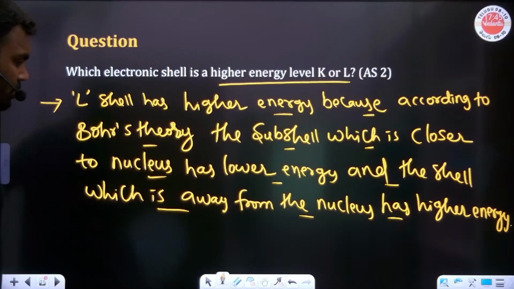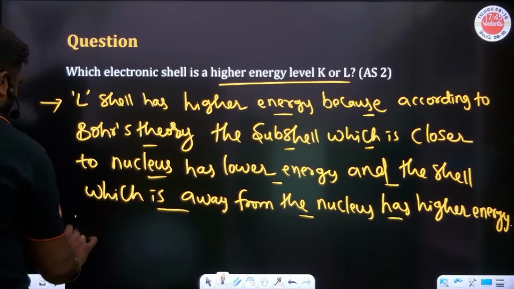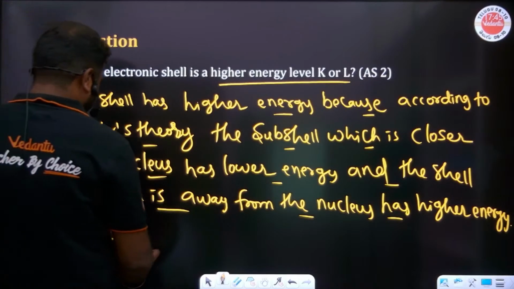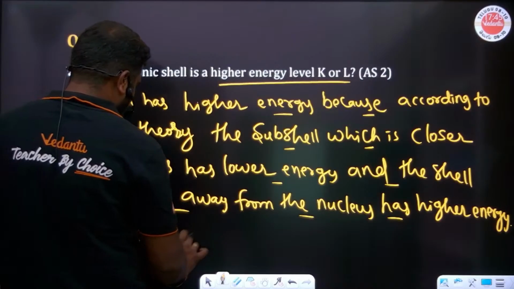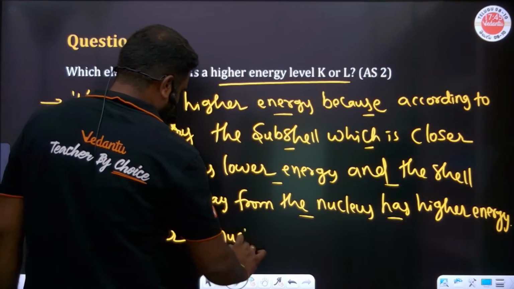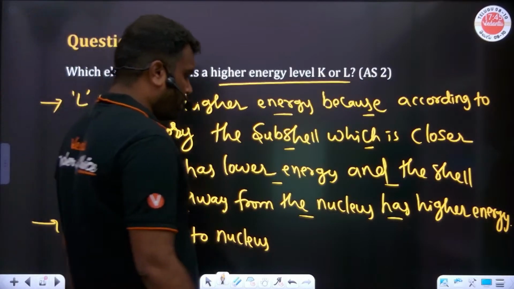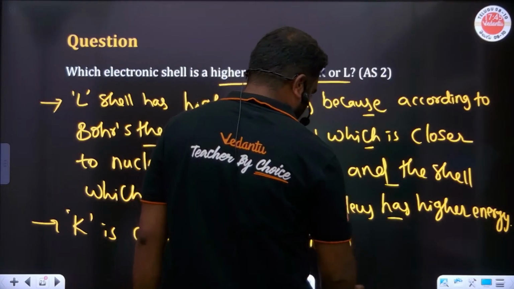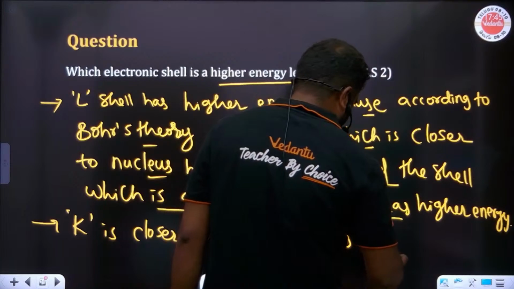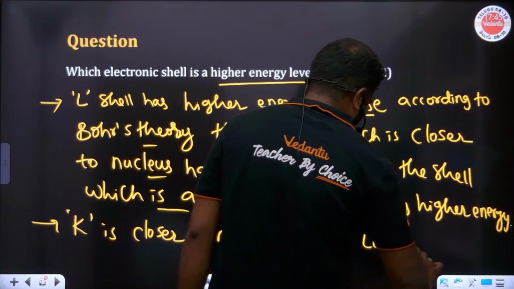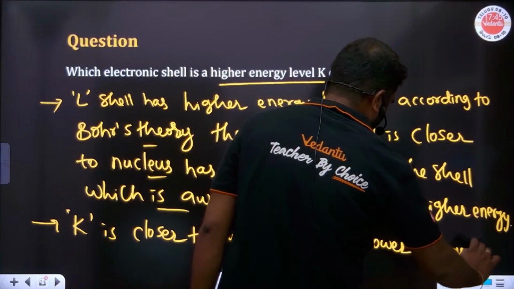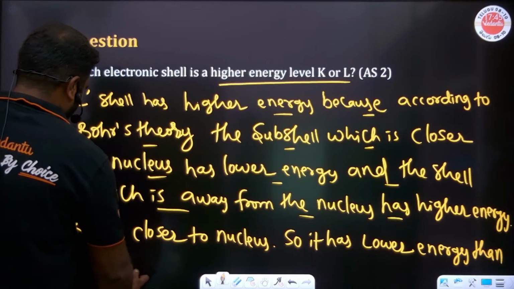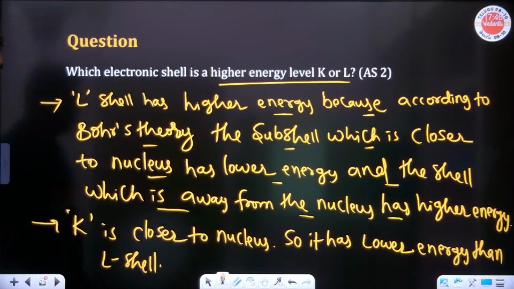K is closer to the nucleus, so it has lower energy than the L shell. Lower energy than L shell. So this is the answer for the question.